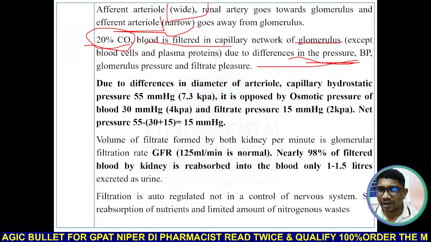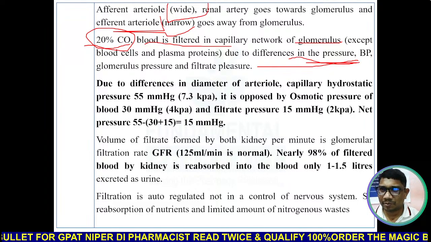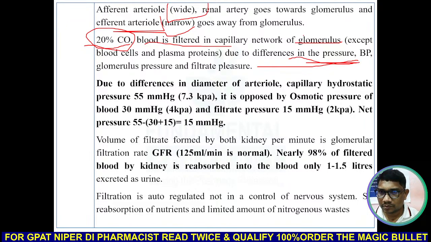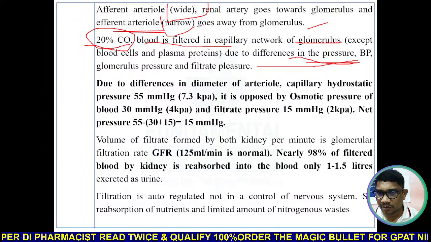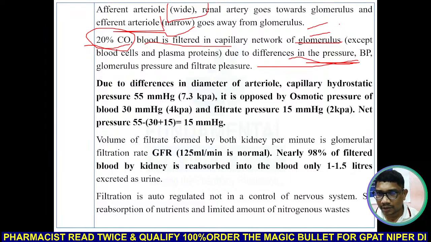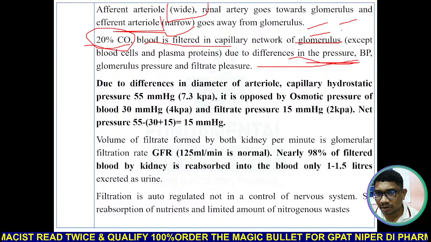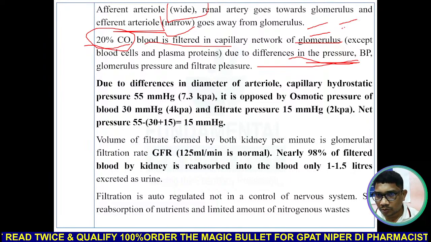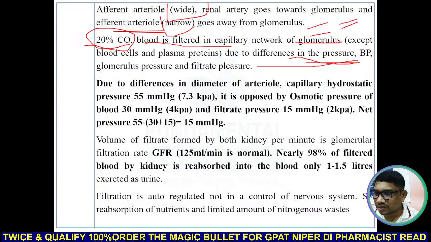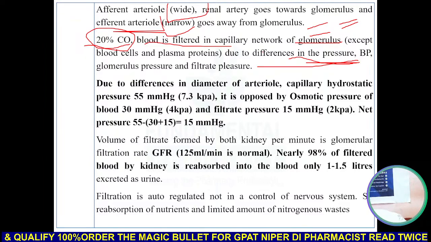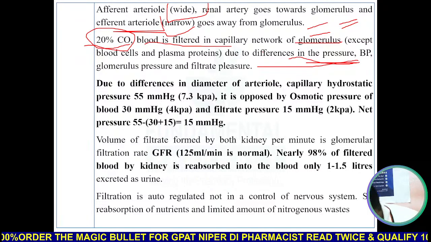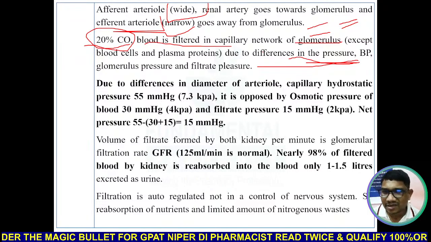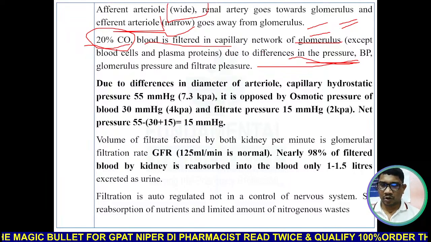See, think of a pipe: the incoming pipe is big, the outgoing pipe is small. What will happen? There is a pressure difference, and that pressure difference creates a pressure in the glomerulus for the filtration.